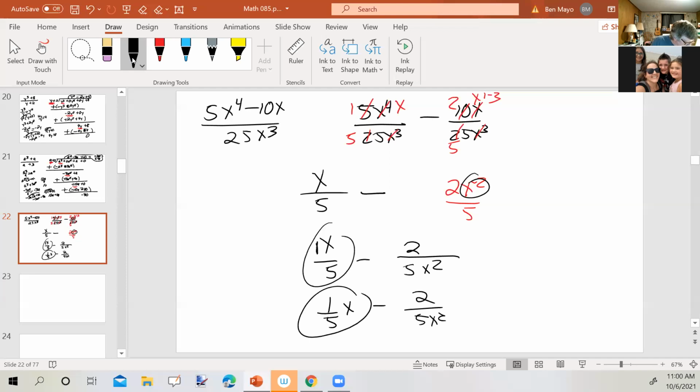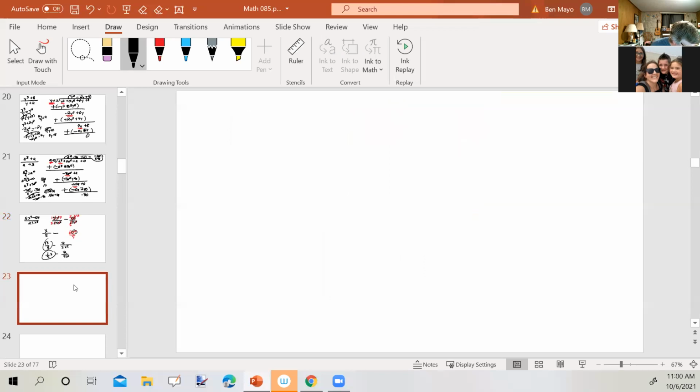Let's see, what about this one? 112 u z to the fourth over negative 42 u cubed z to the 8th.